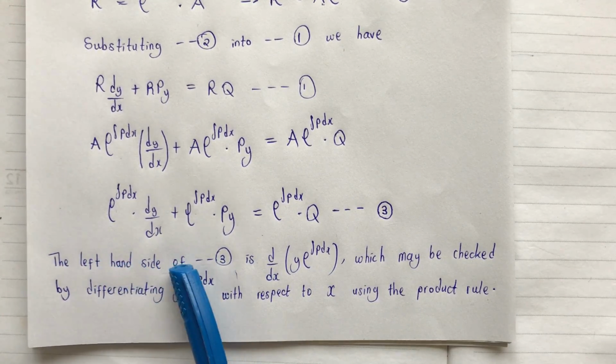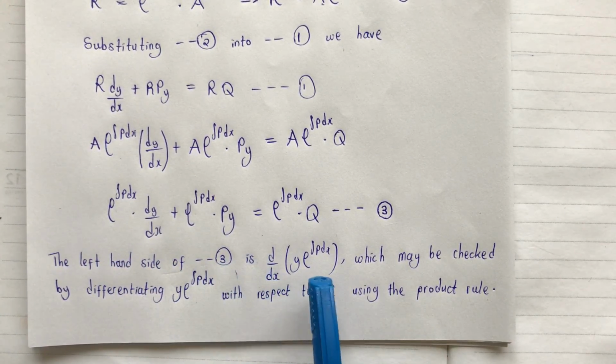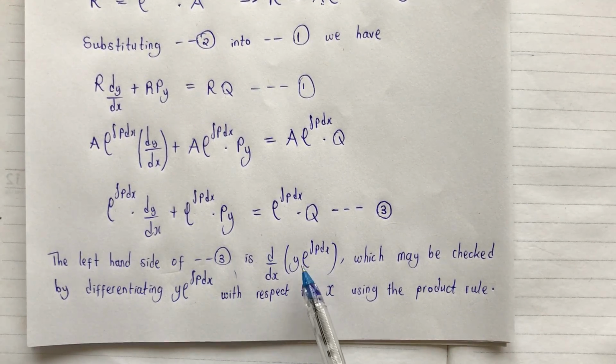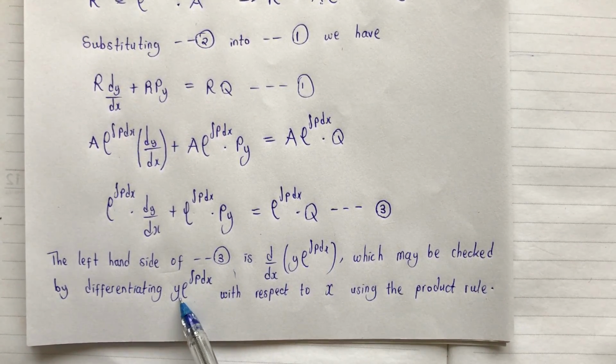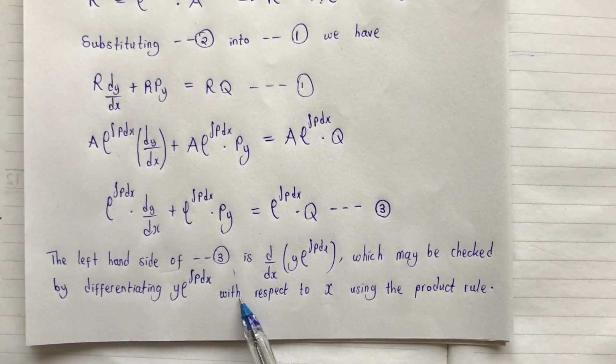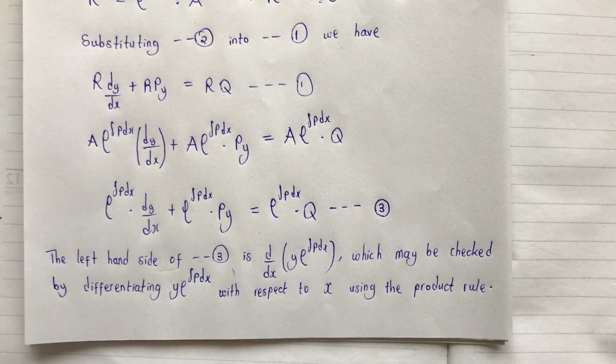So that is what we have here. The left hand side of equation 3 is the derivative of y and the integrating factor, which may be checked by differentiating y times the integrating factor with respect to x using the product rule.